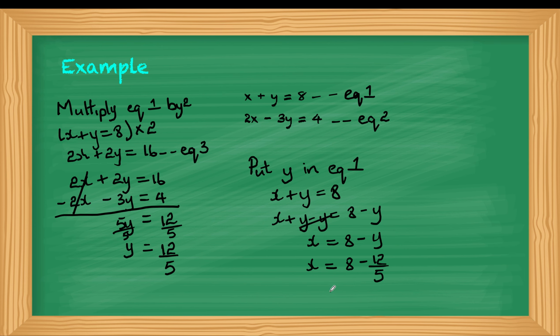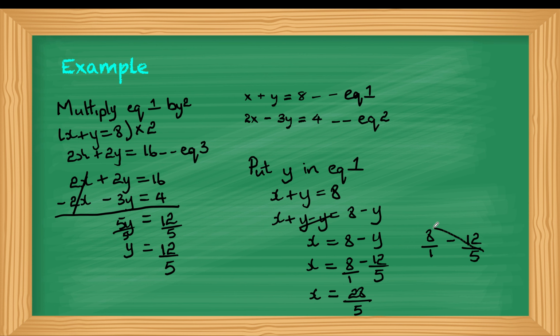And as I said, you can watch the video to see how we do the butterfly method to add or subtract unlike fractions. But if I put this over 1 and solve it, I would get 28 over 5. I can do it quickly over here as well. So I can say 8 over 1, take away 12 over 5.